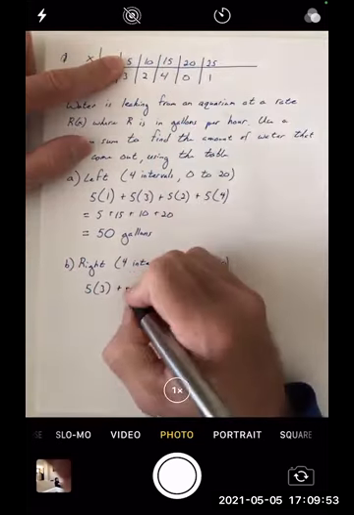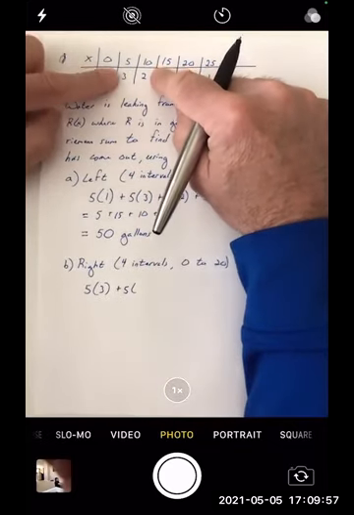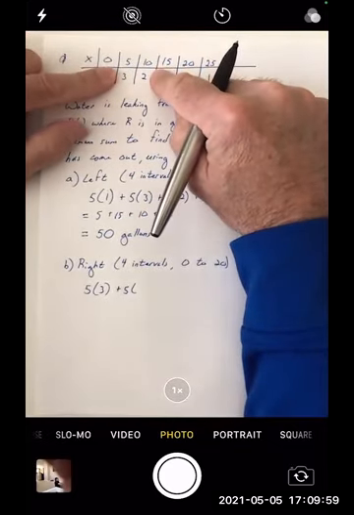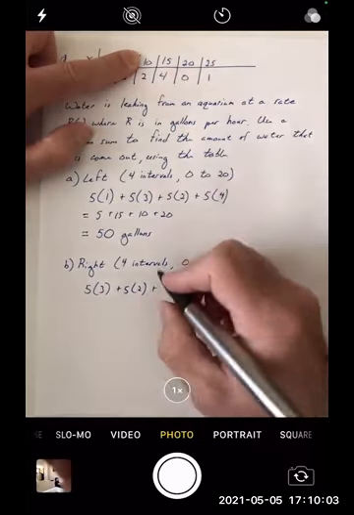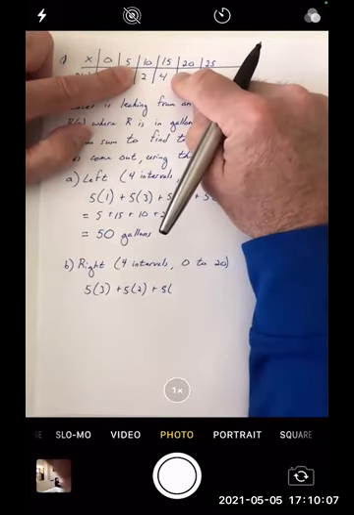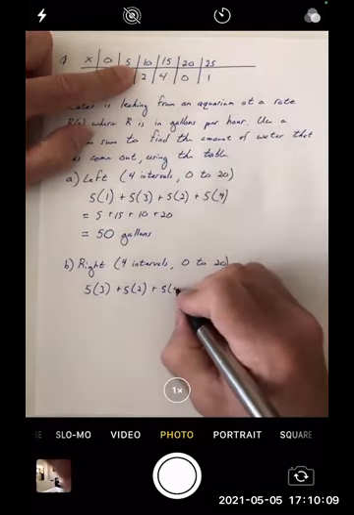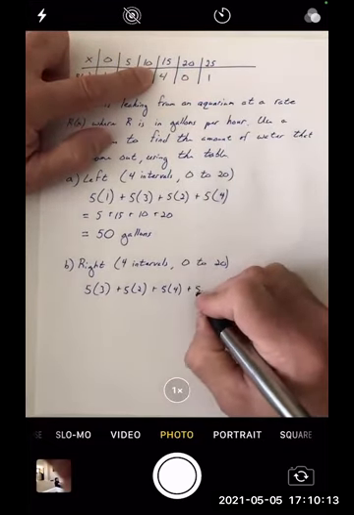Then from 5 to 10, it's 5 again, and the value to choose is 2. 10 to 15, that's 5, the value 4. And then 15 to 20 is 5 again.